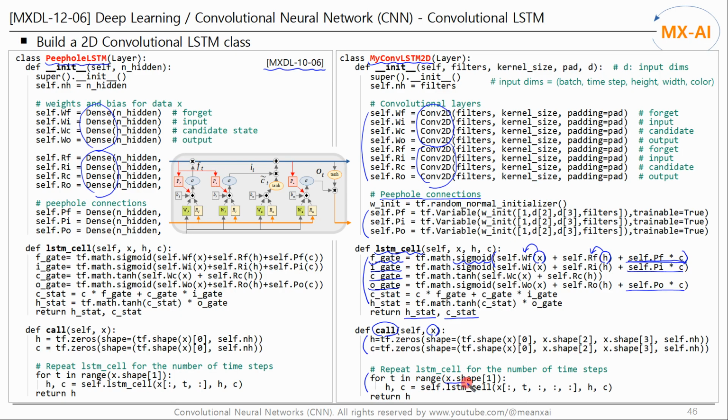The second dimension of the input image is the number of time steps. We use the LSTM cell function written above to get H and C. H and C become the inputs for the next time step. At the end of the iteration, the final H is returned to be passed to the output layer.